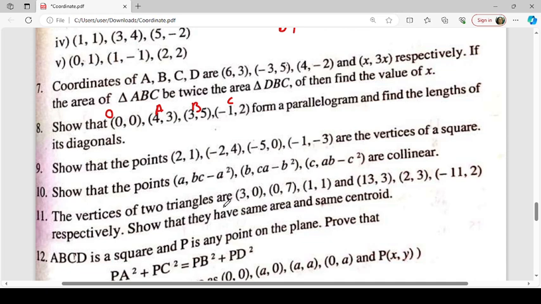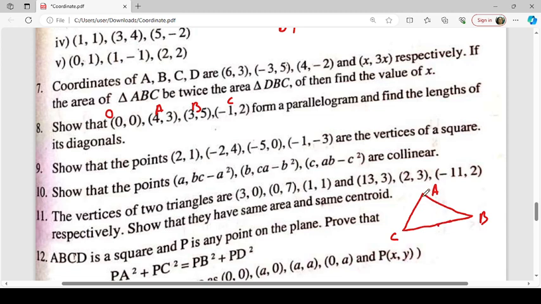The vertices of two triangles are given respectively, so that they have the same area and the same centroid. So this is a triangle, this is a triangle. Centroid means the medians. So A, B, C. If coordinates are given, then we can find the median.